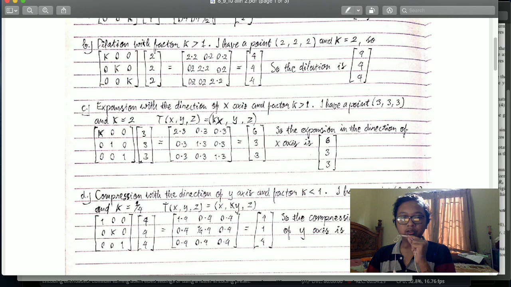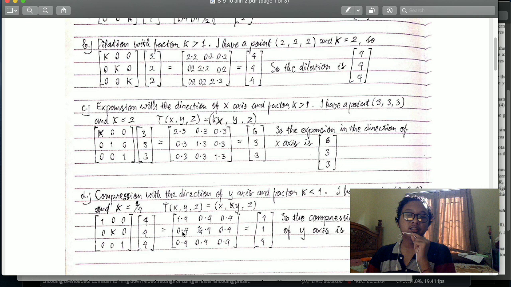In x, y, z, the change is in the y-axis, the y column in the identity matrix, and that is multiplied by the point 4, 4, 4, which produces 4, 1, 4. So the compression in the direction of the y-axis, the shadow, is 4, 1, 4.